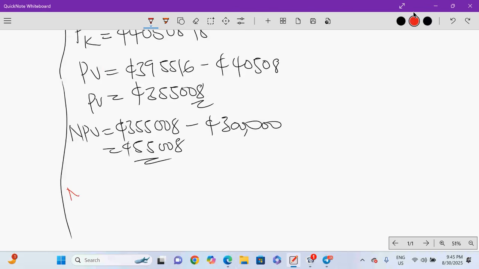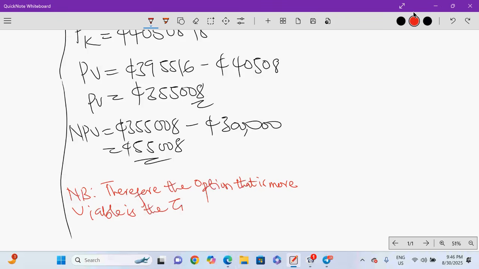So therefore, the option that is more viable is the galamsey, right?